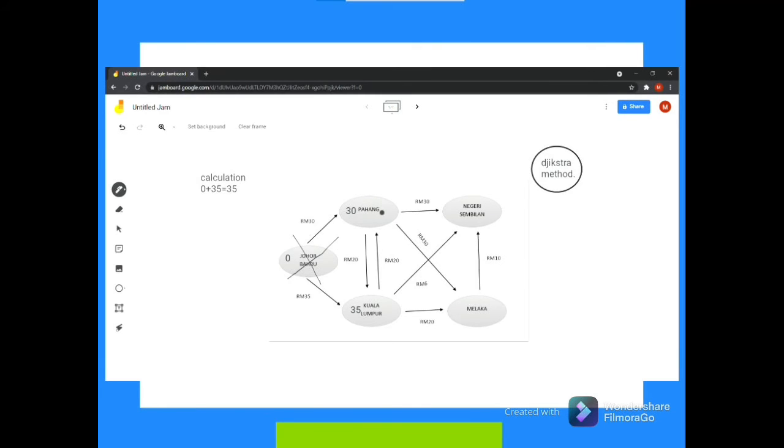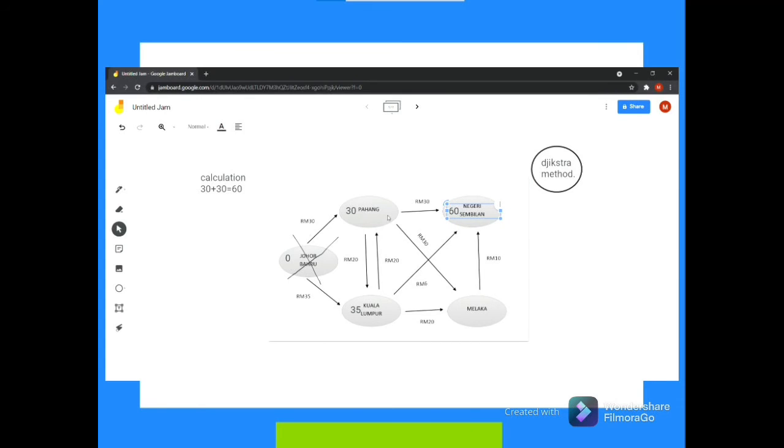So we count from Johor Bahru to Pahang to Negeri Sembilan. So 30 plus 30 is equal to 60. So we will label Negeri Sembilan as 60.